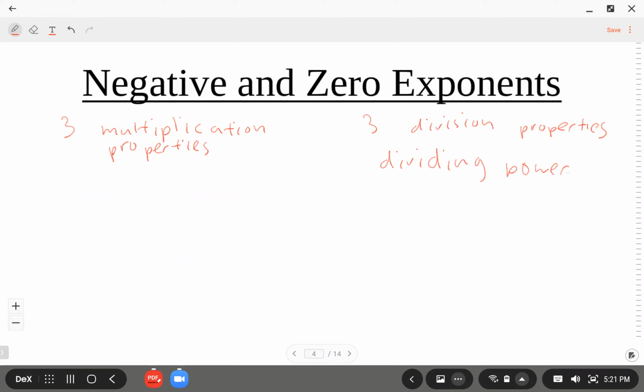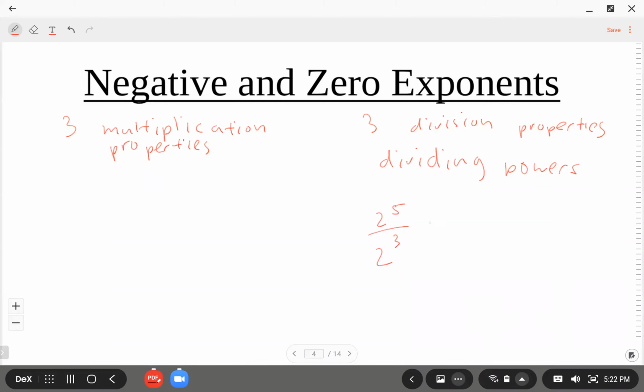Dividing powers. So when you divide powers, you subtract them. And this, of course, only works on the same base. So 2 to the 5th over 2 to the 3rd equals 2 to the 2nd. See what I did here?